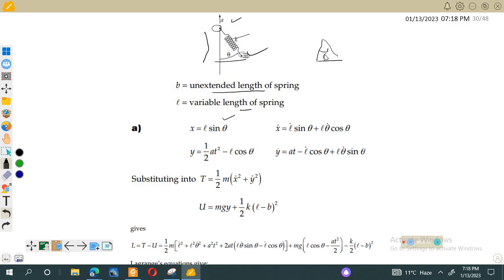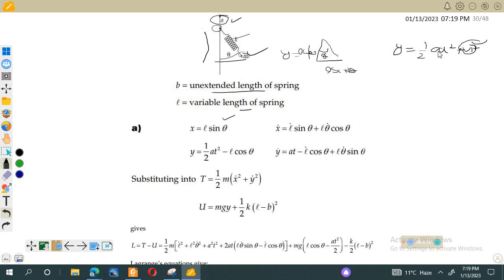You know that this support is moving with acceleration a, so the further y displacement will be y = 1/2 a t square plus v_i t. If at time t equal to 0 the velocity is 0, it means at the start the initial velocity will be 0, then it will start to accelerate.